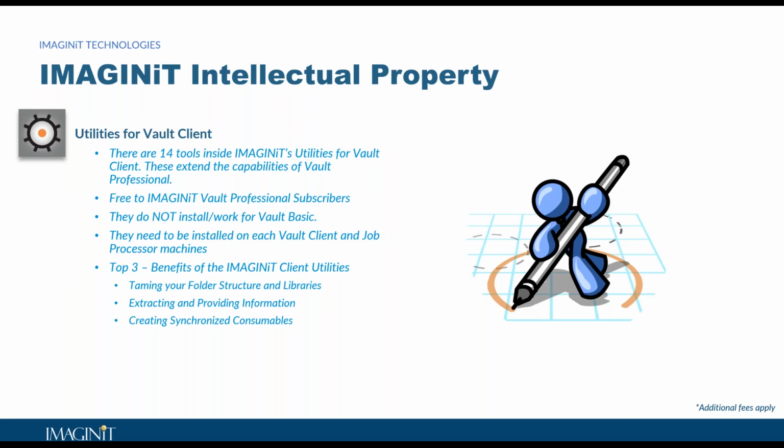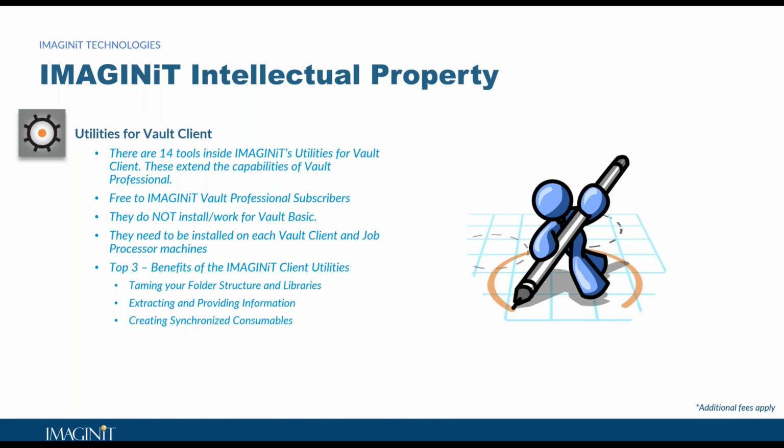And some of the tools that are available in there, Mark mentioned being able to generate additional consumables, the STEP files, the DXF files. Those types of tools are available, as well as some different PDF generation tools. So while Vault does have that capability at the Vault Pro level, our utilities allow you just a little variation on what the Vault does.